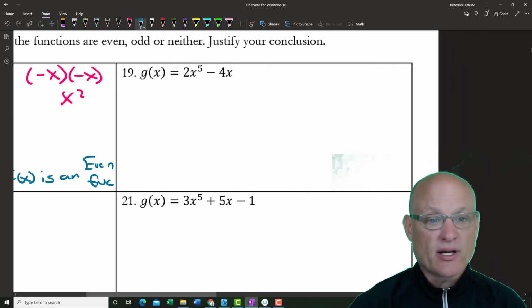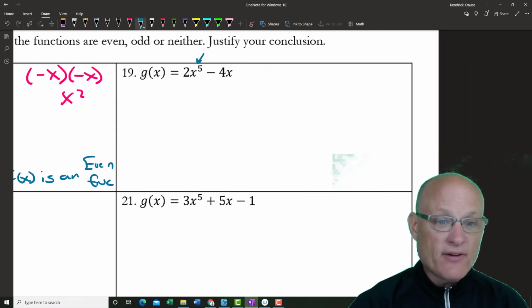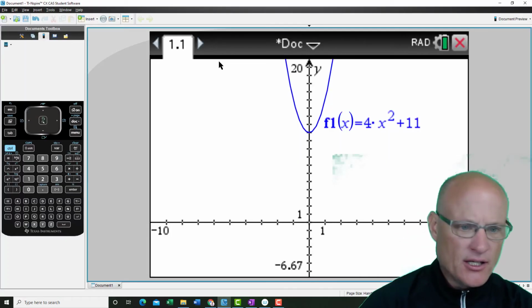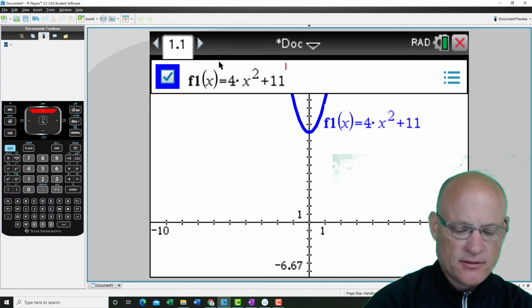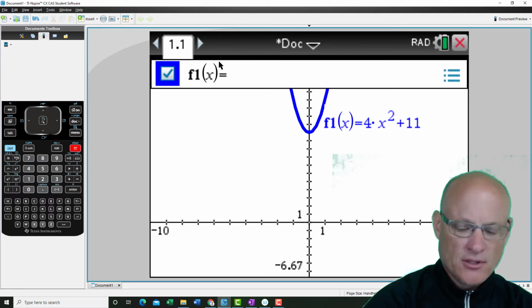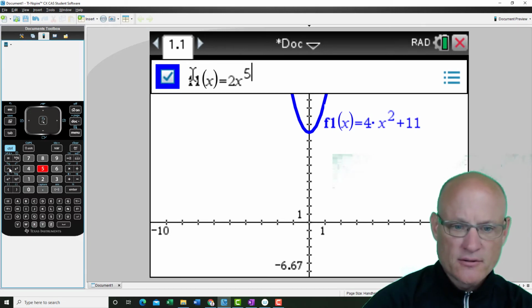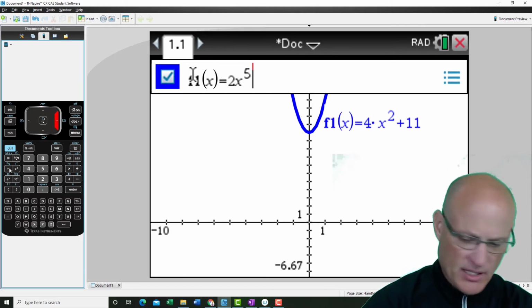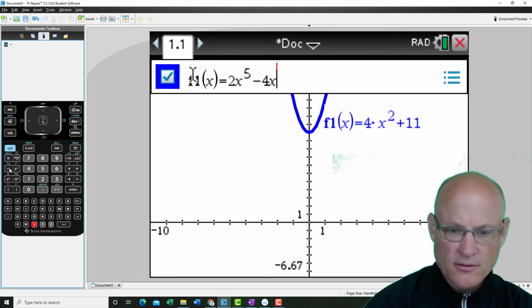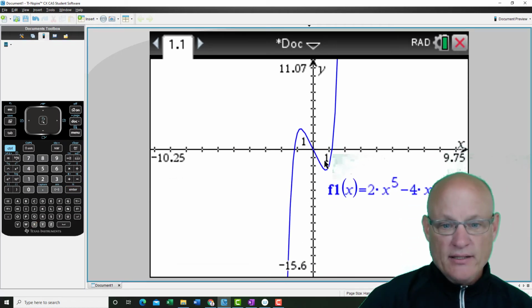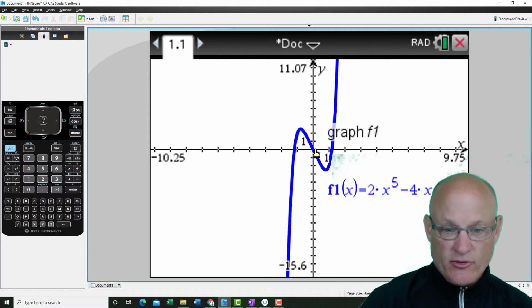So here, this one looks like it has a 5 and a 1. And again, if I was to graph this, 2x to the 5th minus 4x, and look at it, it looks like it's got symmetry with respect to the origin.